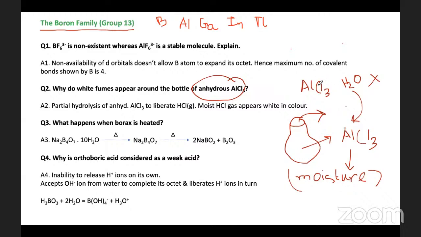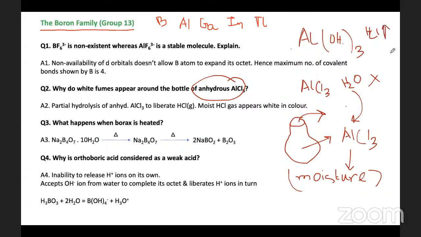In that case, AlCl3 will be hydrolyzed, and the hydrolyzed product will be Al(OH)3. It is the hydroxide of aluminium, and from the same reaction mixture, HCl gas will be liberated.